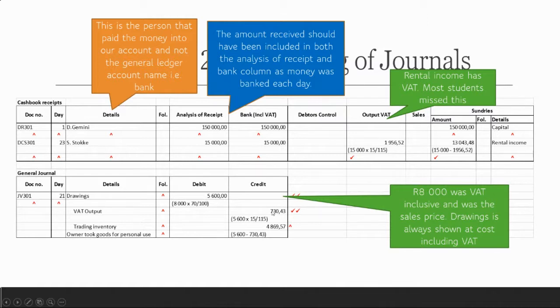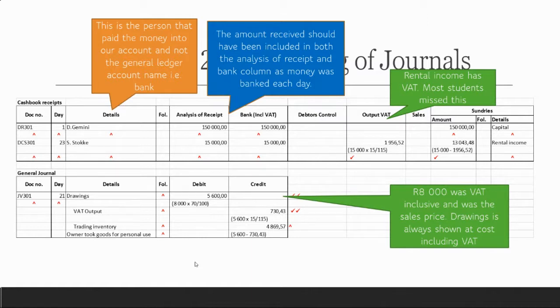And then the other thing is they swapped it around. So where drawings would have been a debit, they would have made it a credit and vice versa. So they got confused with what is a debit account, what is a credit account. Okay, so those were the main issues with question 2.